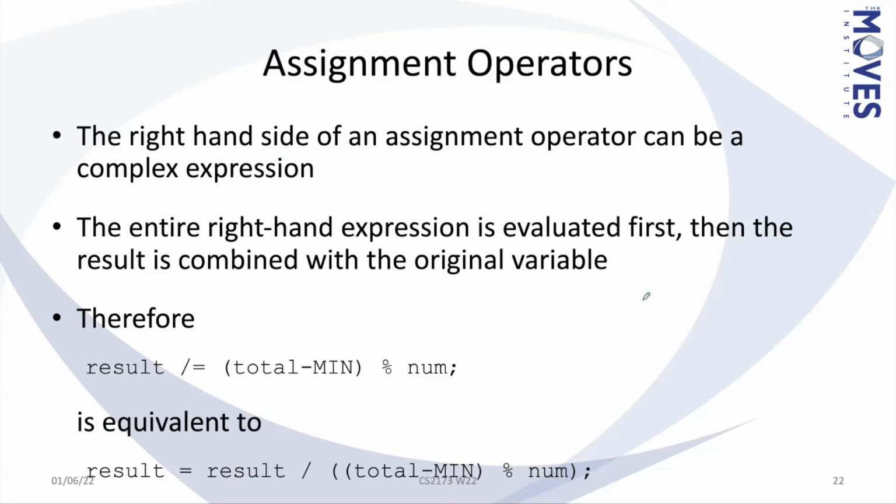The right-hand side of an assignment operator can be as complicated as you like. But be a little bit careful. Here is a complex expression, and they're saying we want to divide the left-hand side by what this is. To me, this starts to get into a bit of a gray area.